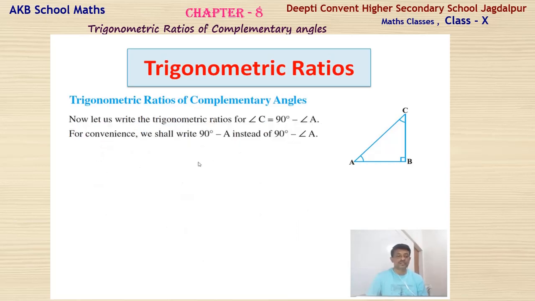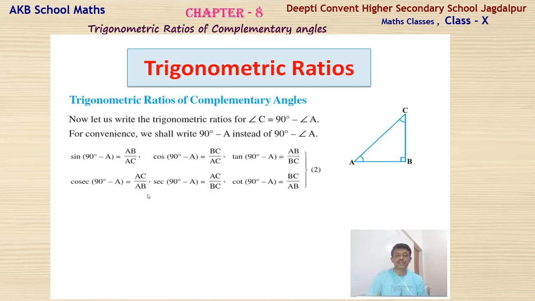Now angle C you can find, because this is 90, this is A, and the sum of three angles is 180. So angle C equals 90 minus A. Clear? Means angle C is 90 minus A. Now for this angle, we have to write ratios.